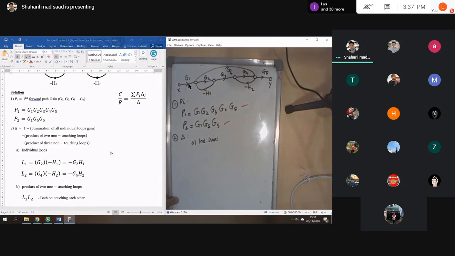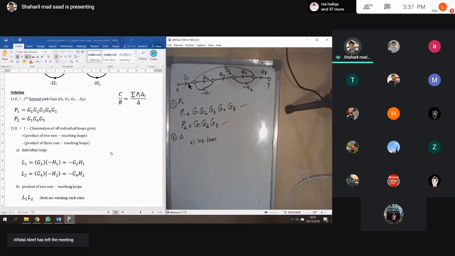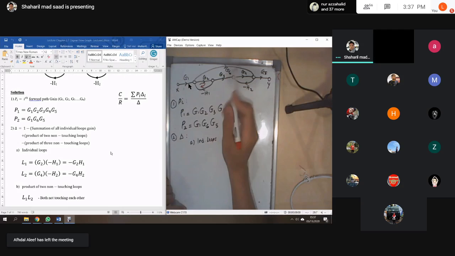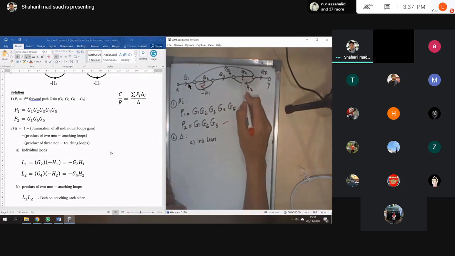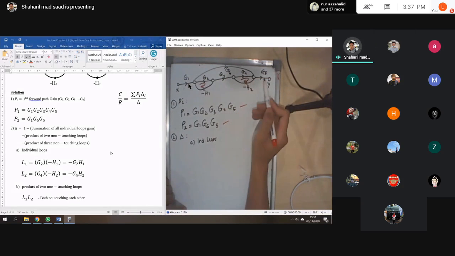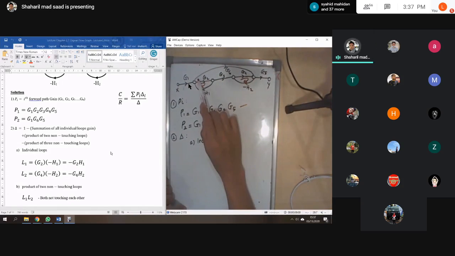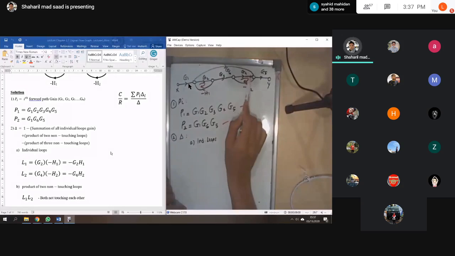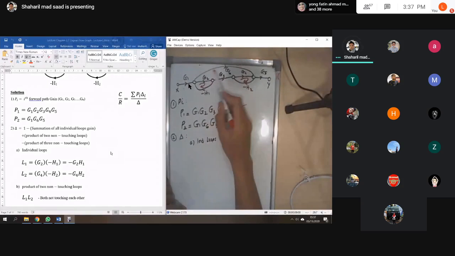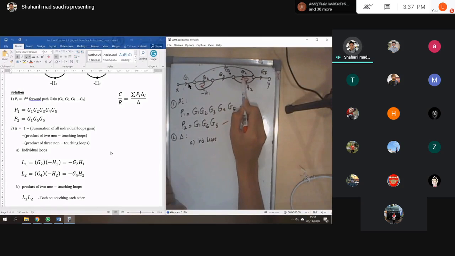Okay, so how many loops do you have right now? Berapa ada? Okay, 1 and also 2 and also G6. G6, oh cannot, right? You want to try G6 and then it gets blocked, right? Boleh.